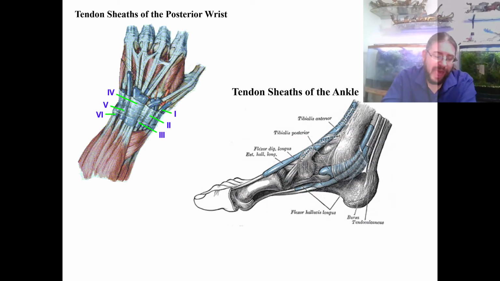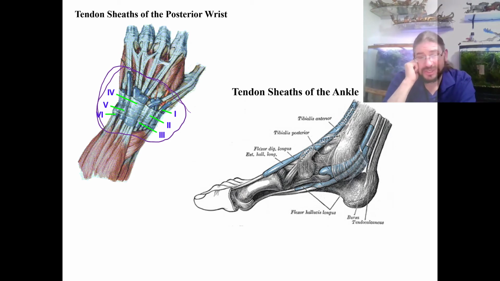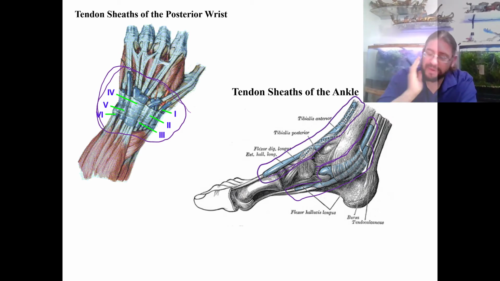Not too bad. Here are some basic tendon sheaths of the wrist and the ankle. So you can see in this darker shaded lighter blue, there on the wrist, we have a whole bunch of tendon sheaths. And in here we have along the ankle a bunch of tendon sheaths as well. Here to keep the tendon from rubbing against bone, rubbing against the joint. So great.